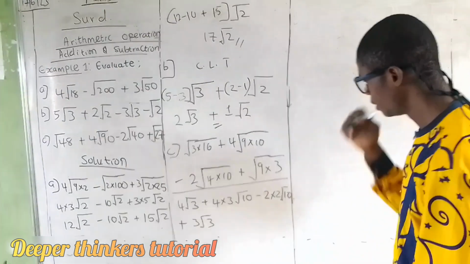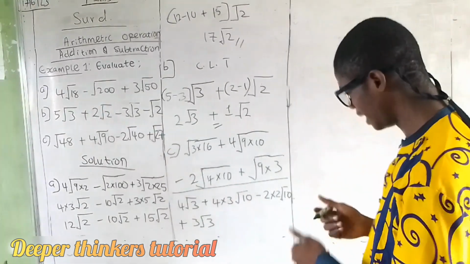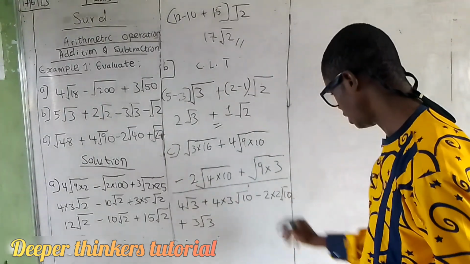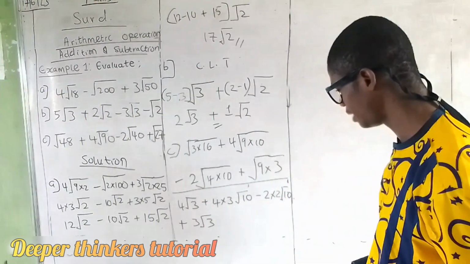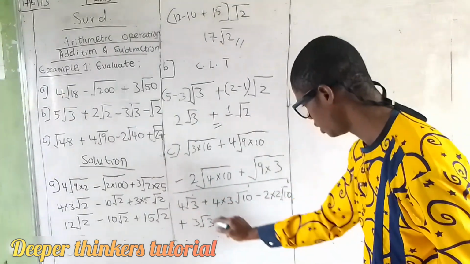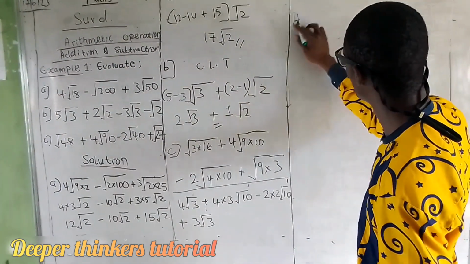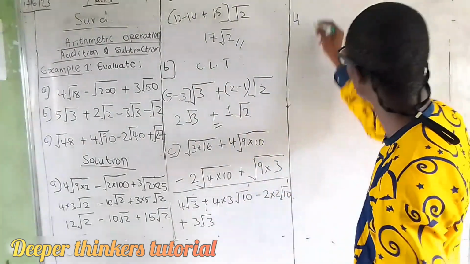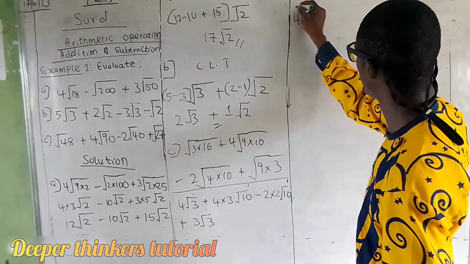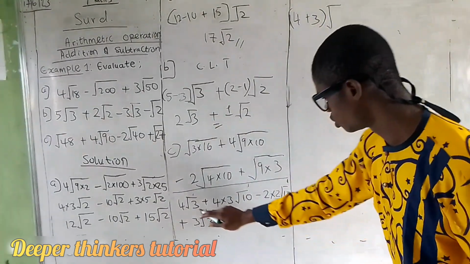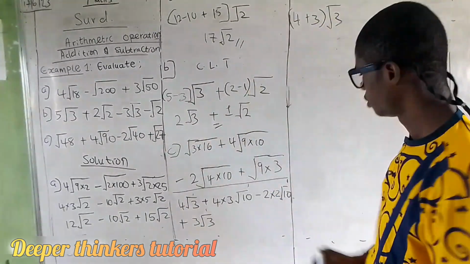So follow that way. To now find out what are the like things: root 10 is here, root 10 is here, so they are like each other. This is here and this is here, root 3. So I'll bring them together. So we'll have 4 plus 3, all in bracket, then root 3, since they are both having root 3.